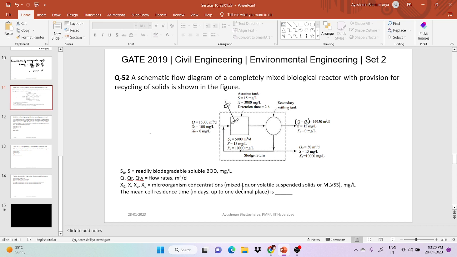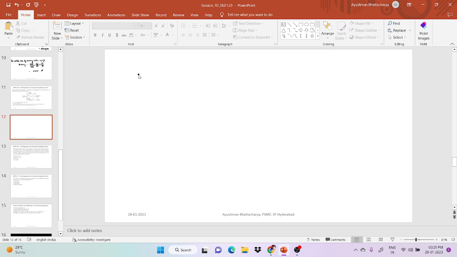To calculate the mean cell residence time, we first need the volume, but the volume is not given in this figure. So basically, volume of the tank is equal to Q into D, days. This is the detention time. Okay.